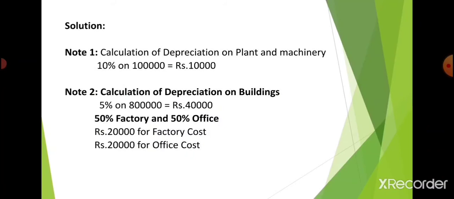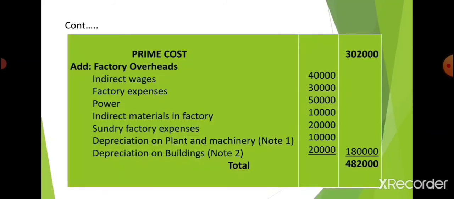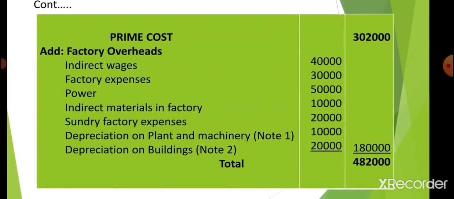Of that 40,000, 50%, that is equal to 20,000, is for factory overheads. That is note 1 and note 2. So total it is 1,80,000. So 1,80,000 is the factory overhead. If there is scrap of materials, scrap of the goods, that should be deducted from this 1,80,000.